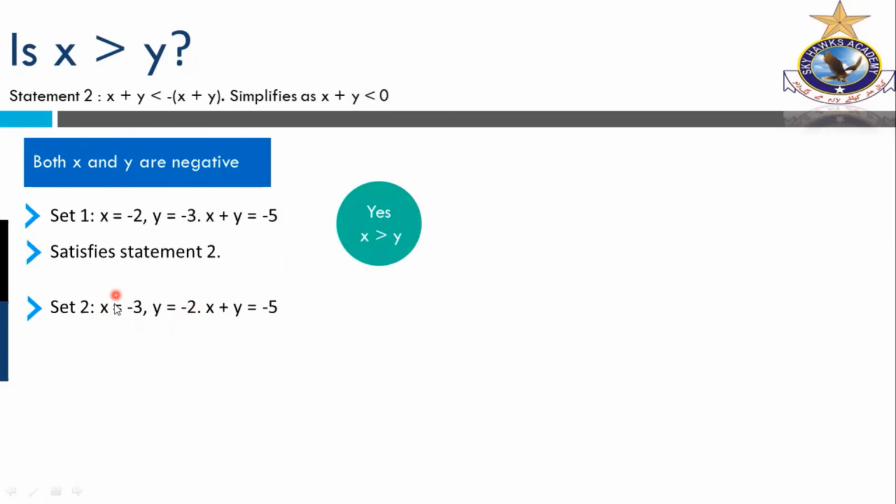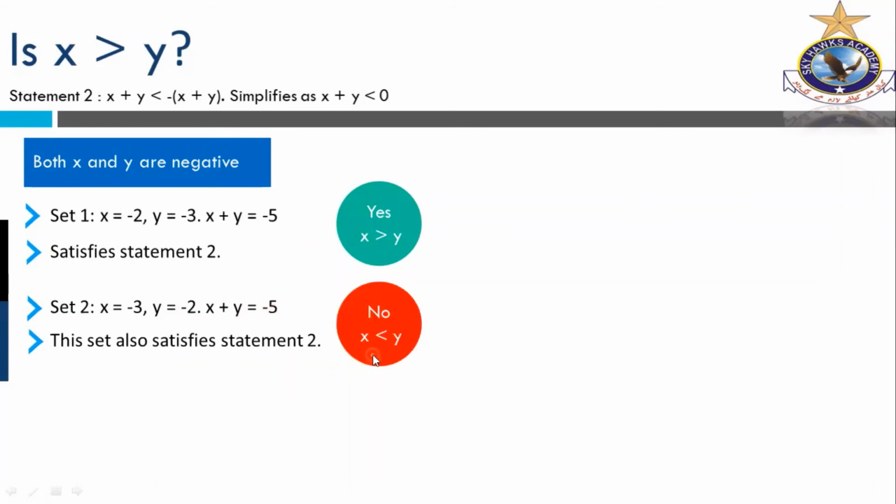Here you were saying that x is greater than y, but this set also satisfies statement 2. Although the sum is the same, x is less than y. In this case, x is less than y because of the negative numbers.